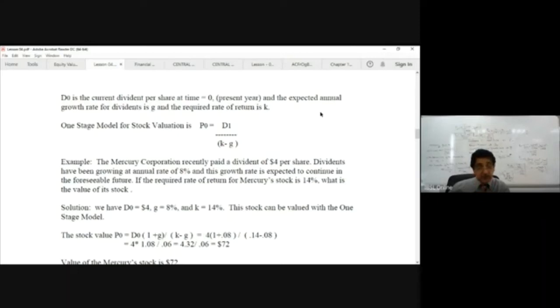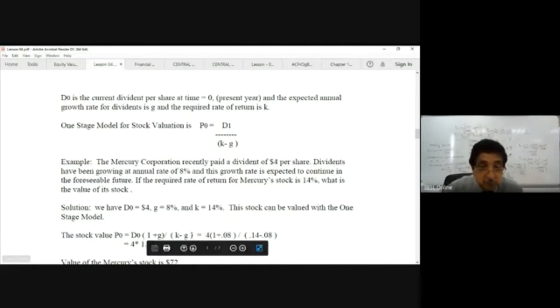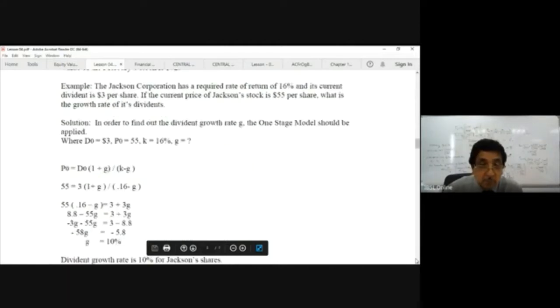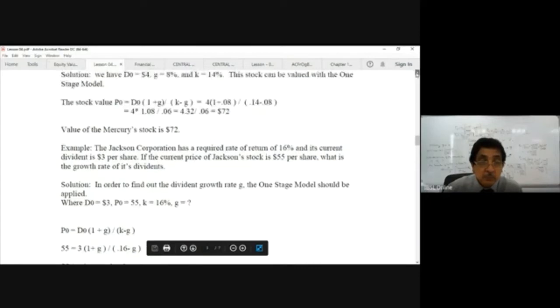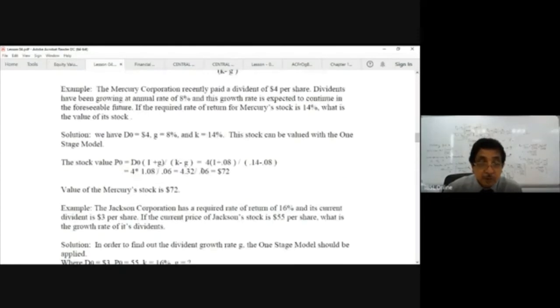Now we can apply the formula. P0 is equal to D0 into 1 plus G divided by K minus G. Now when we apply the values here, D0 is equal to 4, into 1 plus 8%, that is 0.08, divided by 0.14 minus 0.08.